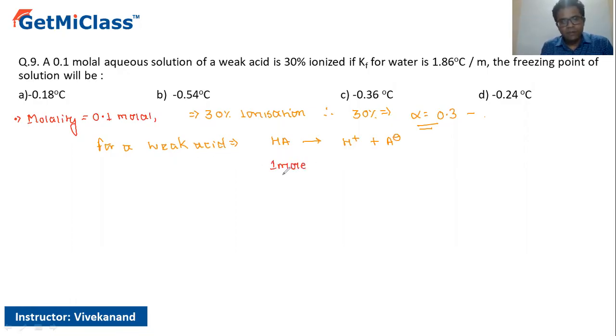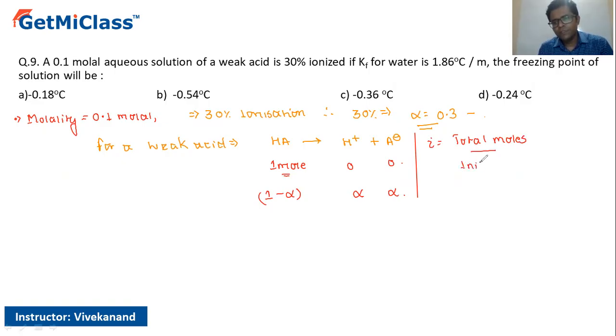When it is not dissociated, we would have 0 and 0. But at equilibrium, we would have 1 minus alpha, alpha and alpha. Correct. So for this entire scenario, we will continue.